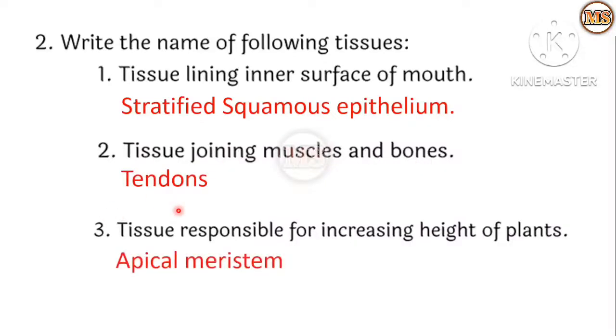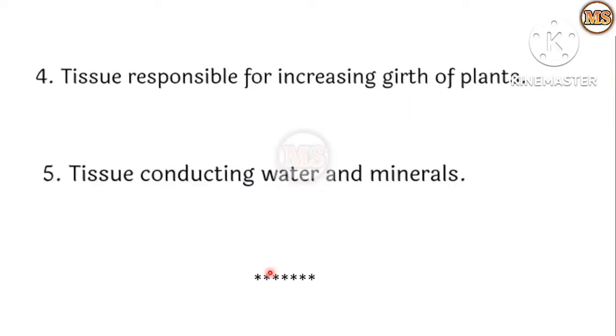Next, third, tissue responsible for increasing the height of plants, and the tissue is apical meristem. Then fourth one, tissue responsible for increasing the girth of plants, that is the lateral meristem. And fifth, tissues conducting water and minerals, and those tissues are nothing but the xylem.